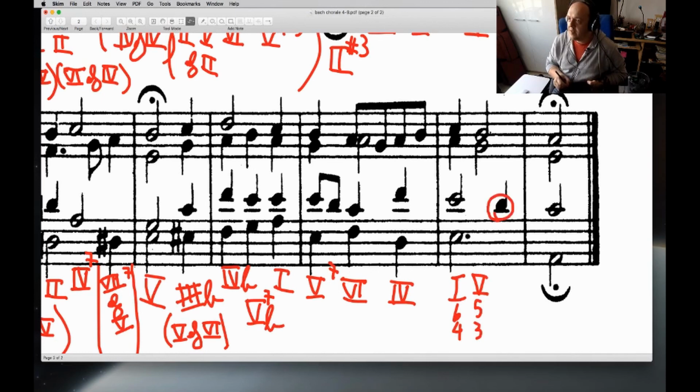Right here you have passing 7, and as that happened, the inactive leading note in the middle of the texture in the alto, not rising to the tonic, but rather dropping to the 5th. And this is chord 1. Textbook final cadence at the end of a chorale. And we are in the tonic region. That's that.